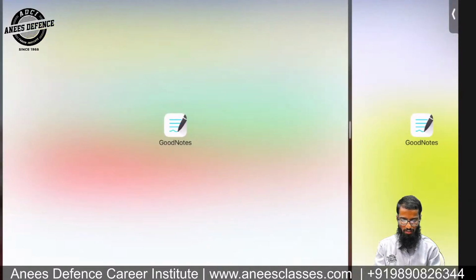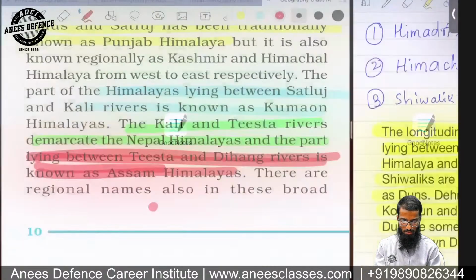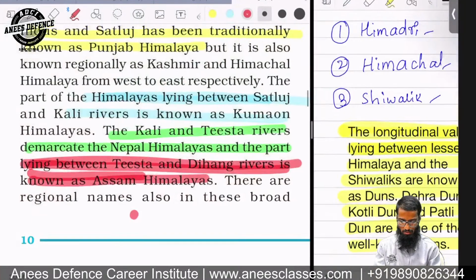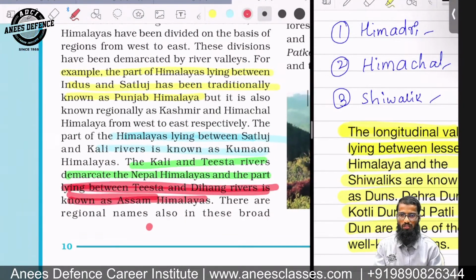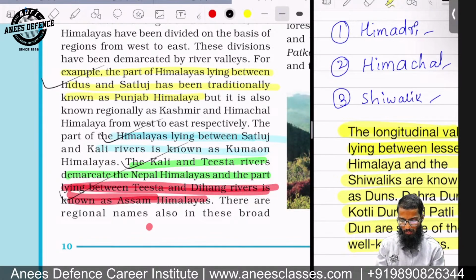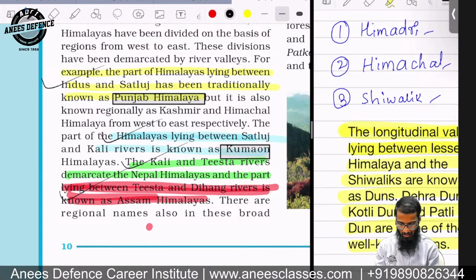So how many Himalayas do we have? Up till now, 1, 2, 3, 4 Himalayas. One is Punjab Himalaya. Another is the Kumaon Himalaya. Next is the Nepal Himalaya.